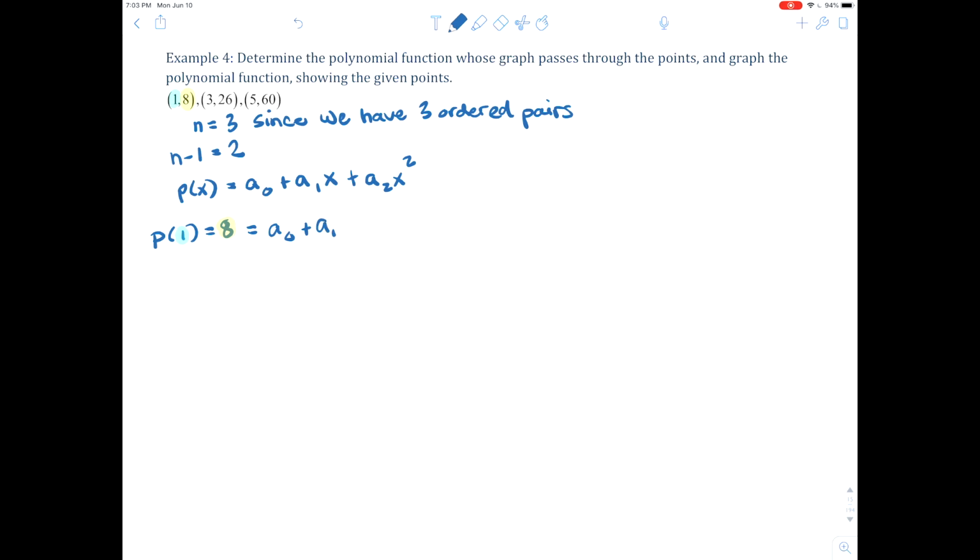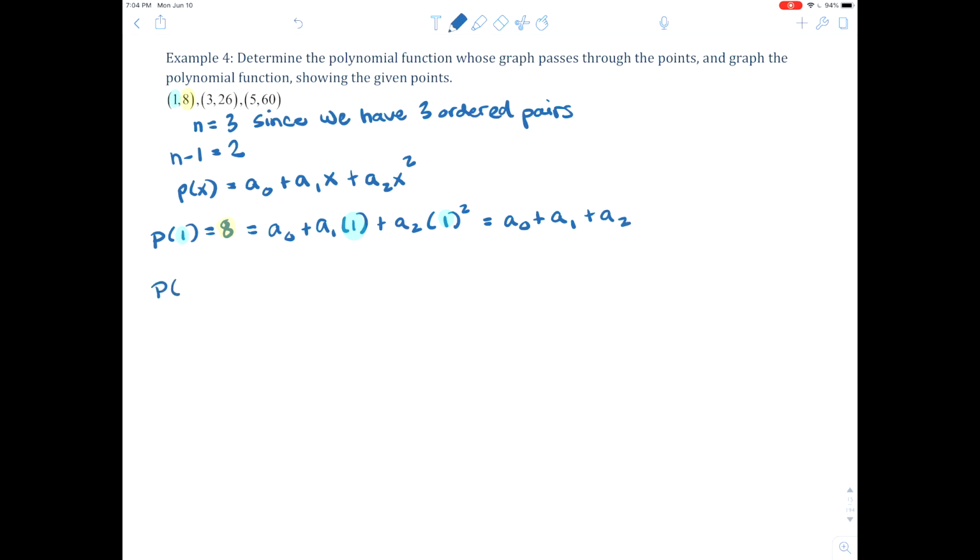What am I plugging in for x? Great, I'm plugging in 1. And then plus a2 times 1 squared. Because I plugged in 1 for x, I plug in 1 for x all throughout, okay? And that in turn is going to equal a0 plus a1 plus a2.